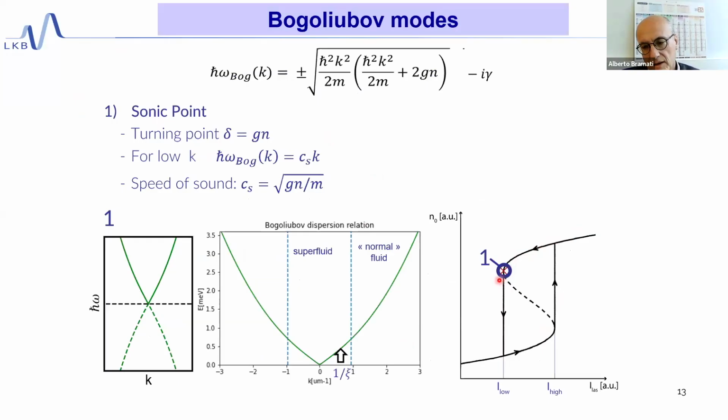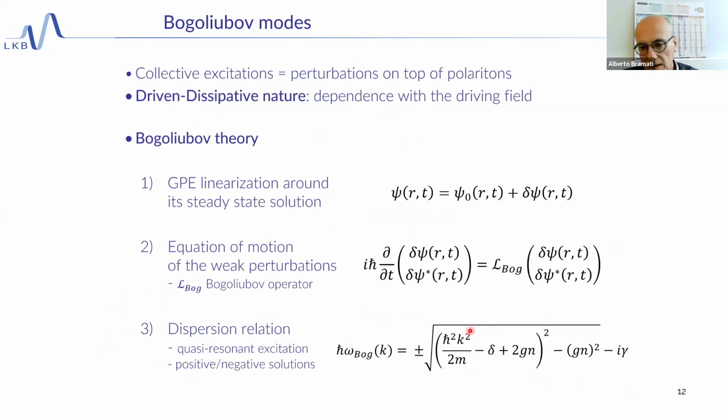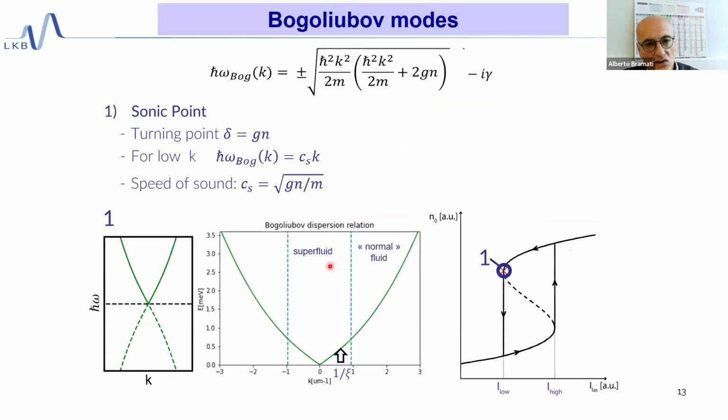We drive our system here, and for this specific point, it is possible to demonstrate that the detuning that we put on the excitation, the detuning delta which we can find here in the Bogoliubov formula, is exactly compensated by the interaction energy, the product of the interaction constant and the polariton density.